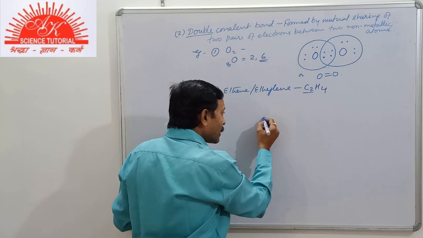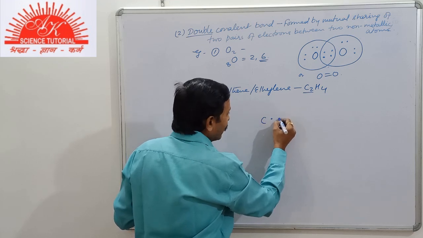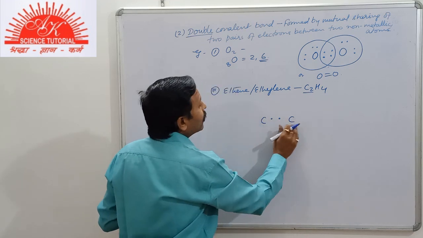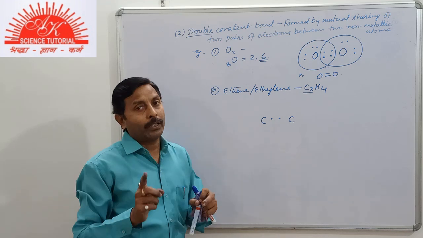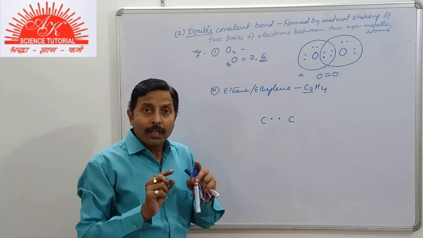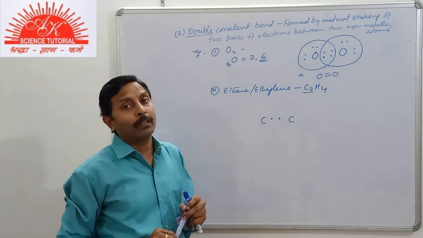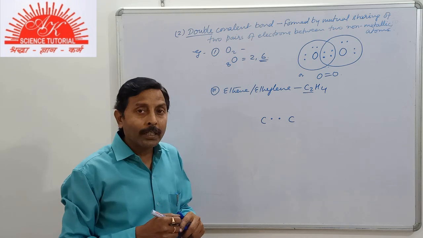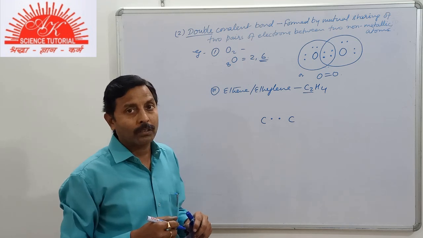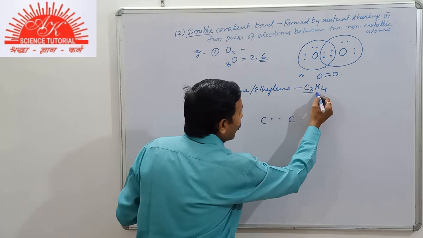So the first step is to bind the 2 carbon atoms by mutual sharing of electrons between them. That is, first of all, make a chain of carbon by mutual sharing, and then further distribute the hydrogen atoms by sharing their electrons, like 4 hydrogen.